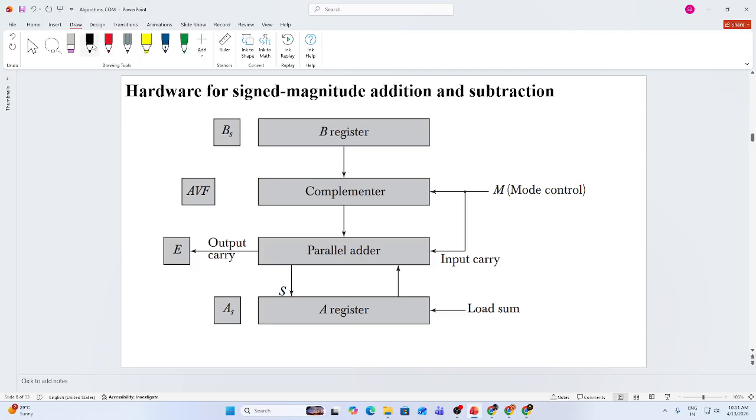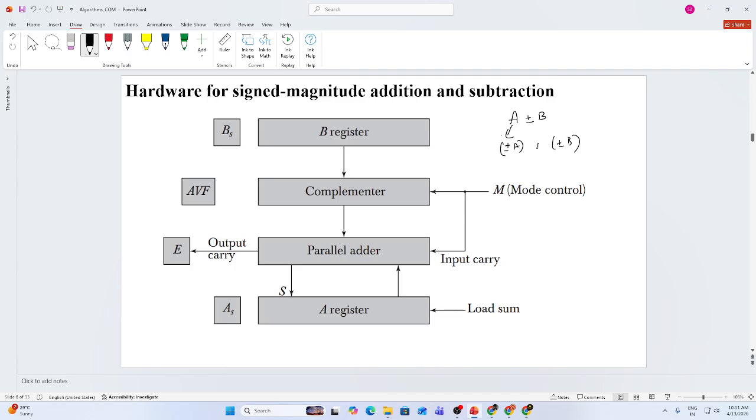In this hardware, I want to do plus or minus a, and plus or minus b.